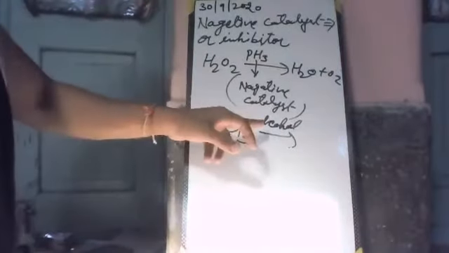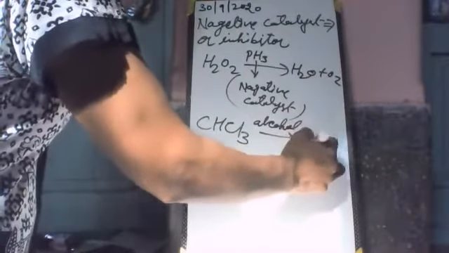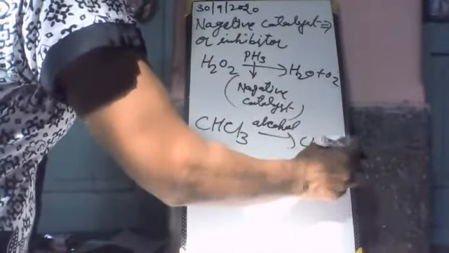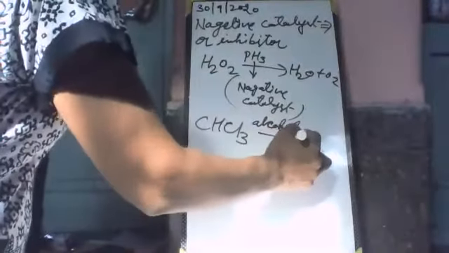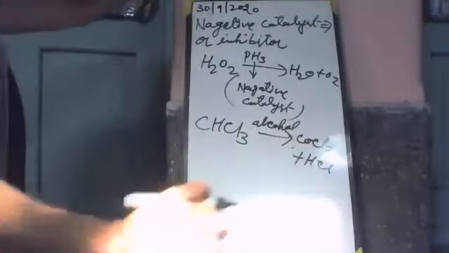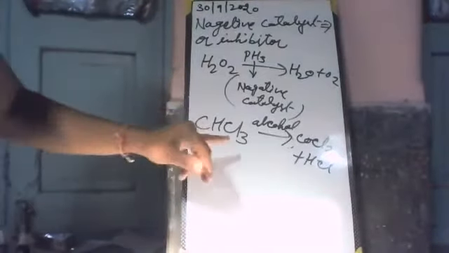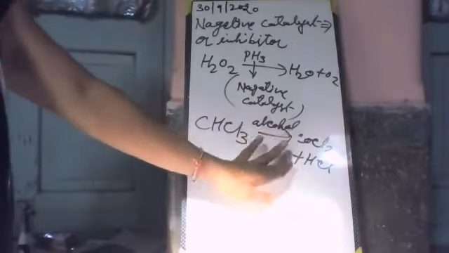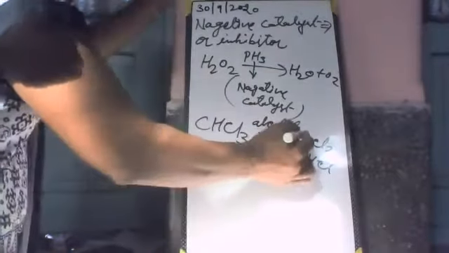The alcohol decreases the rate of oxidation, giving COCl2 plus HCl. This reaction decreases its rate in the presence of alcohol.